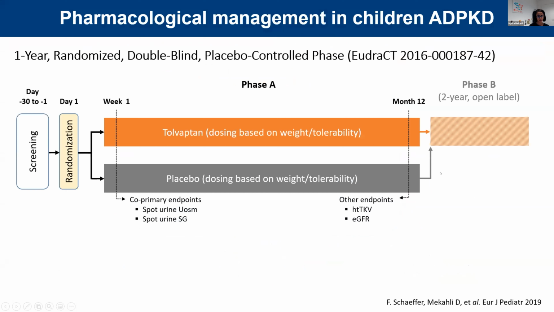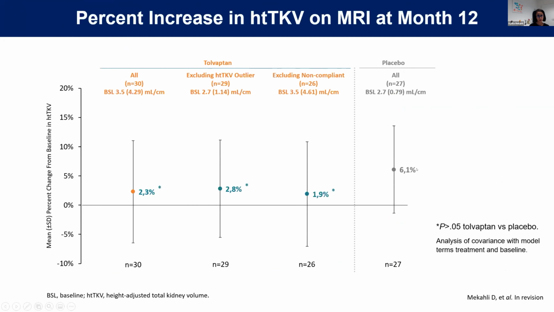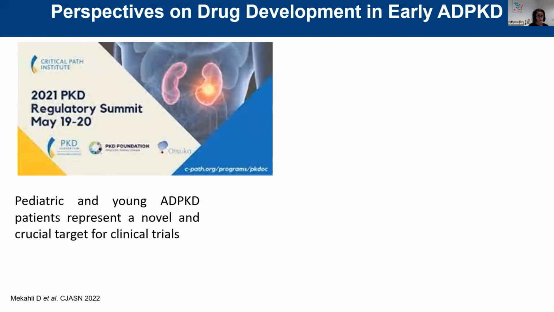There was recently a trial in ADPKD children where we treated blindly with tolvaptan or placebo, and we show that tolvaptan in childhood is effective by lowering the urinary osmolality, and we also see a very nice decrease of TKV, although it is not statistically significant, but it was not powered for this.